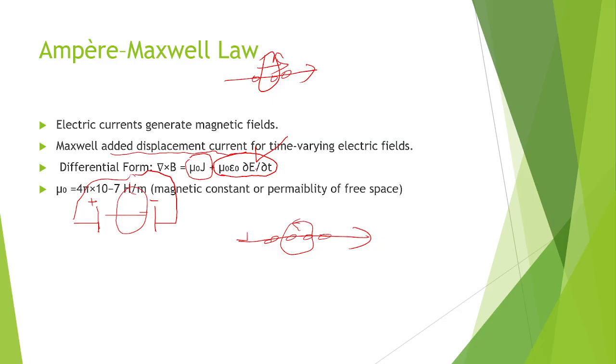So the displacement current is due to the field changing. When the field is changing, it also creates magnetic fields there, and when the current is flowing in the wire, that also creates the magnetic field. So the current is flowing here, so there is a magnetic field everywhere around this wire.